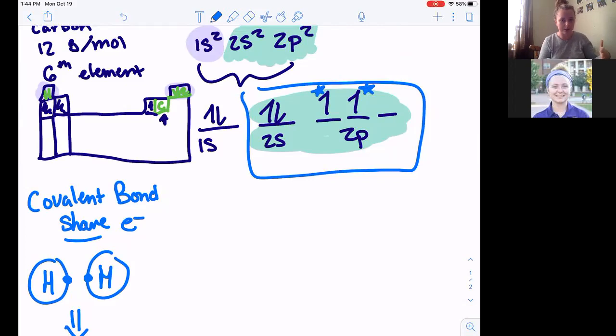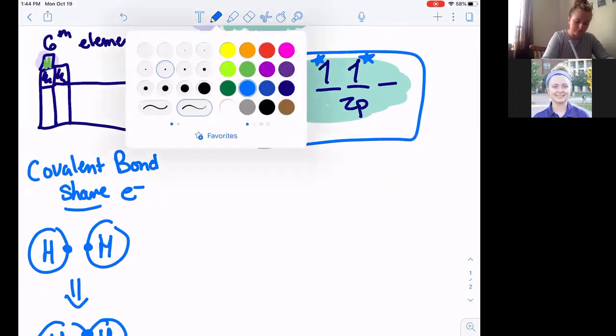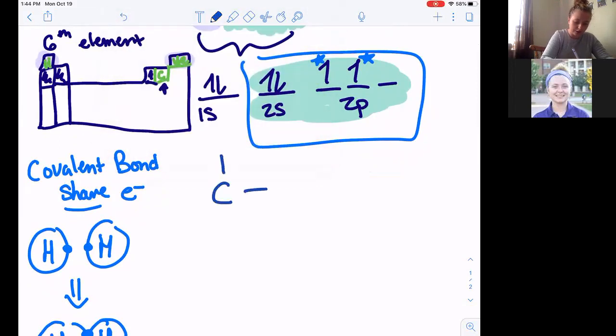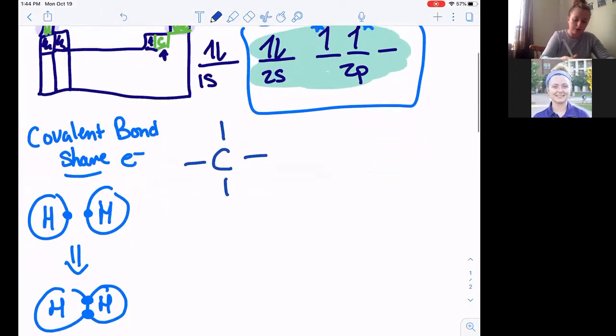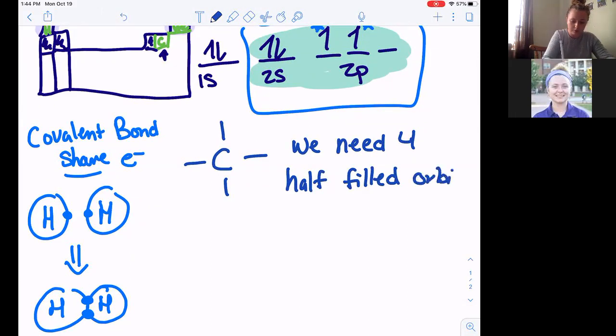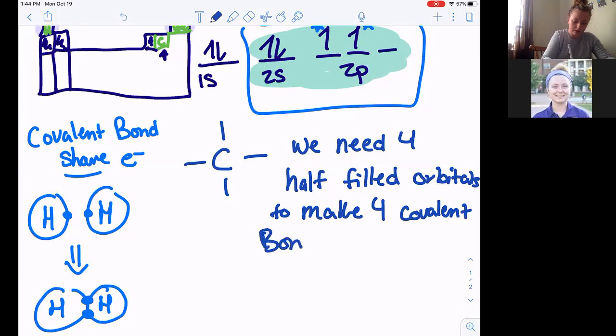So that's where we have to hybridize this, because carbon would prefer to look like this. If carbon needs 4 bonds, that means we need 4 half-filled orbitals to make 4 covalent bonds.